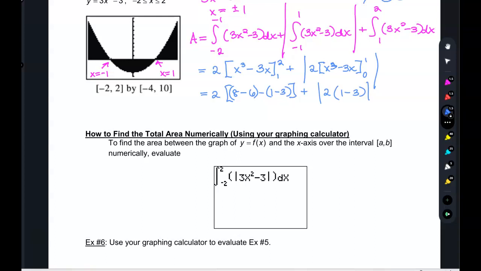That's 4, so 2 times 4, so we get 8 plus 4. So it's about good. All that just to get 12.